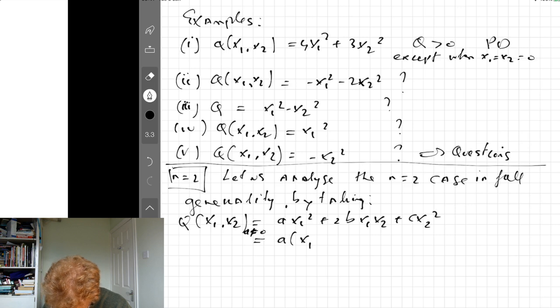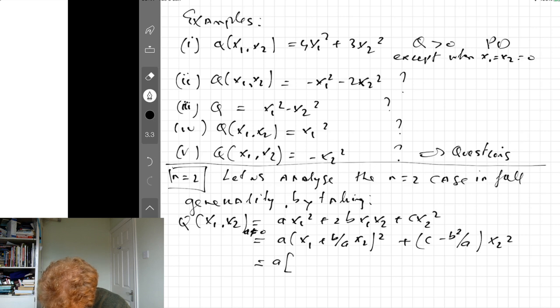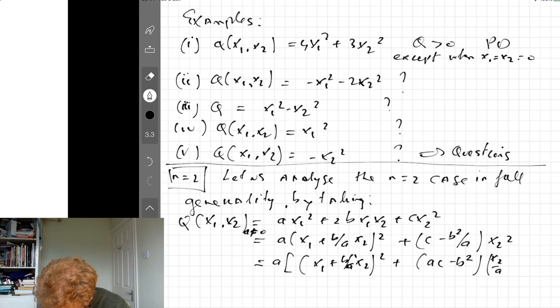This is a times (x1 plus b over a x2) squared, kind of using the ABC formula, plus (c minus b squared over a) x2 squared. Now if we take out a entirely, we have a (x1 plus b over a x2) squared plus (ac minus b squared) x2 squared over a.